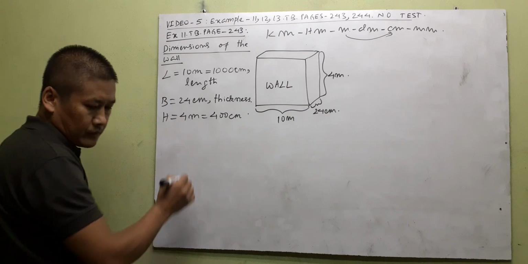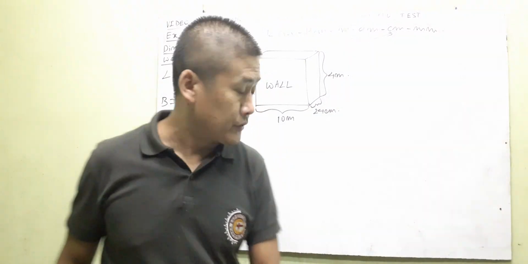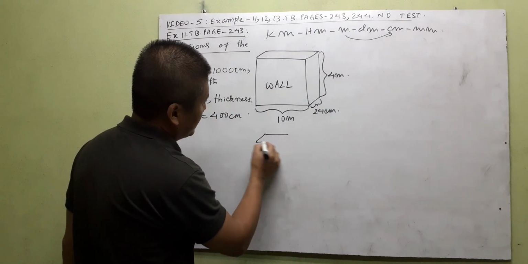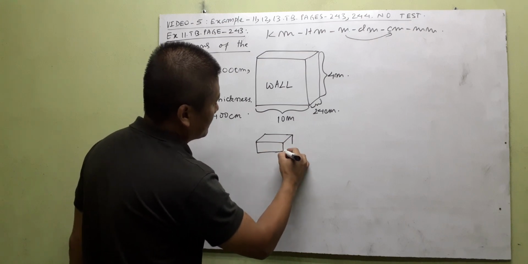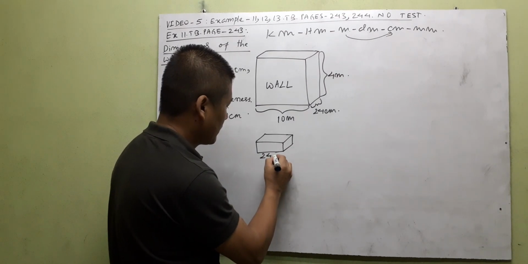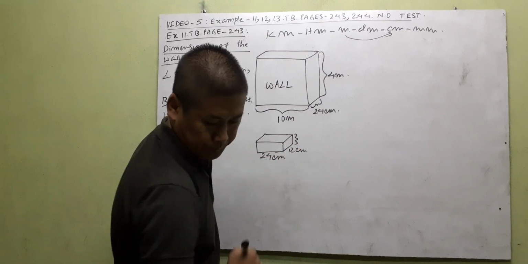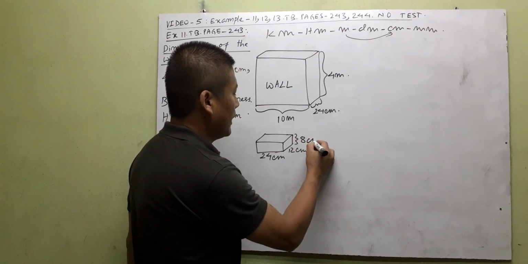Now, the bricks that are going to be used are 24 into 12 into 8. So there's a cuboidal brick here. The brick will be smaller in size, and these are going to make up the wall. So 24 centimeter long, 12 centimeter broad, and the height or the thickness is 8 centimeters.